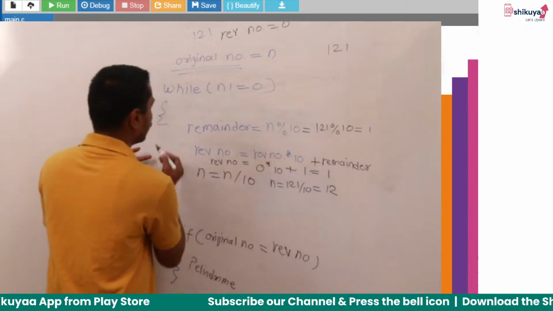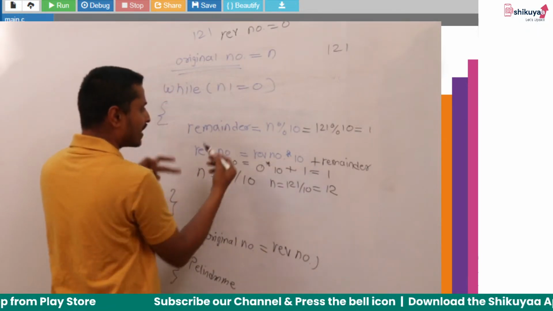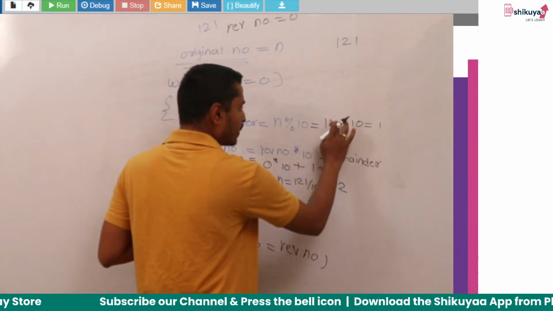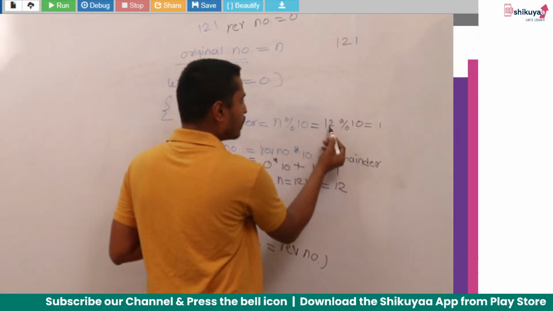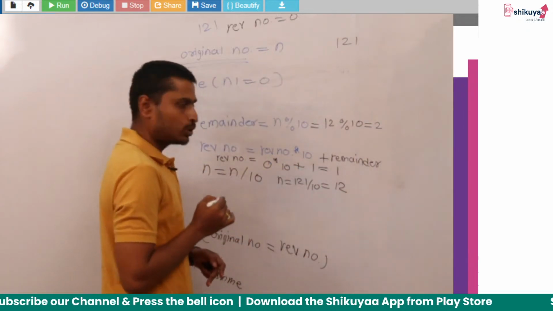This n will go for this condition, while n is not equal to 0. Yes, this condition is satisfied. Remainder is equal to n mod 10. So now instead of 121, here it will be 12. So 12 mod 10 will become 2.